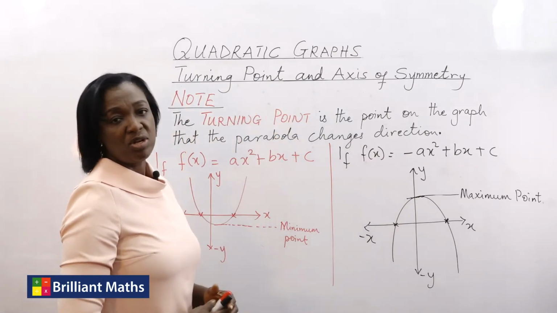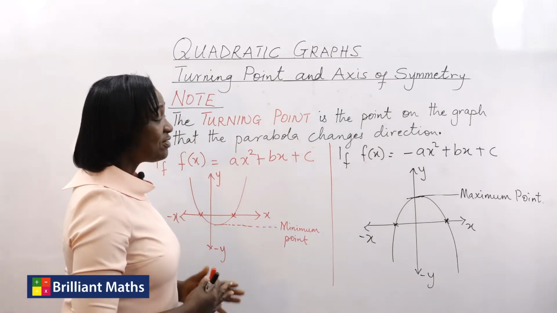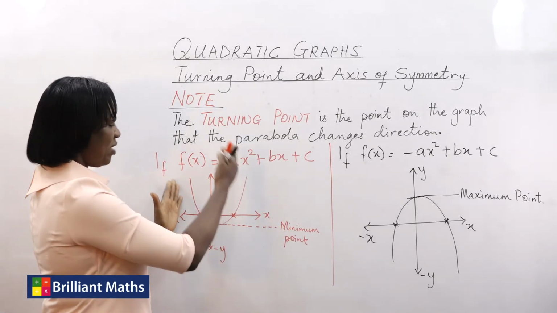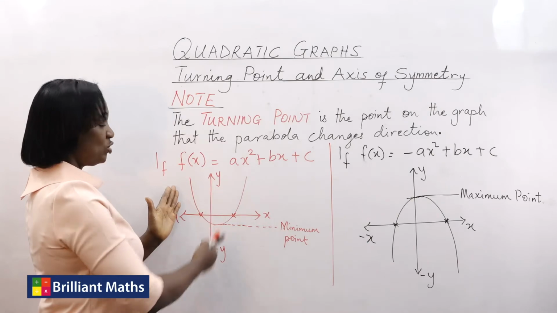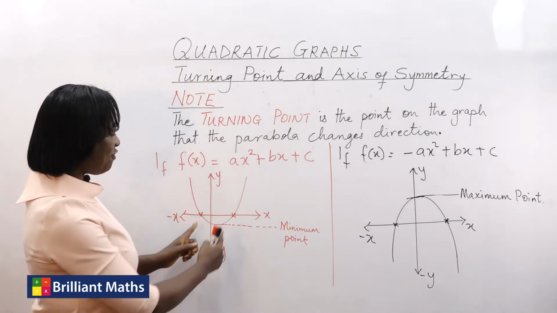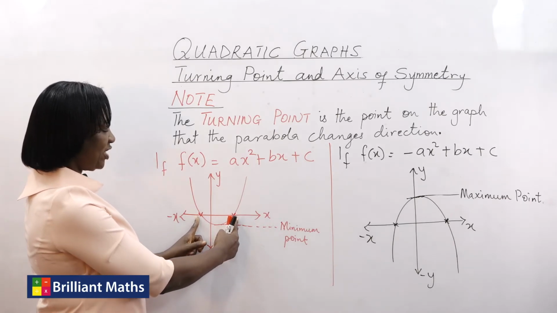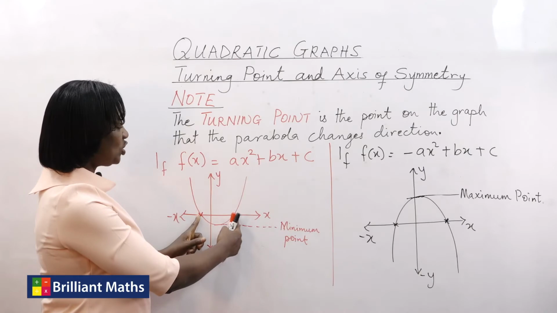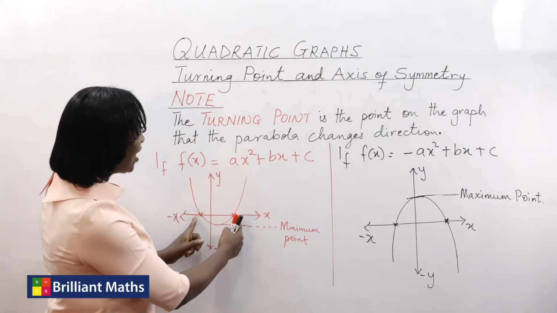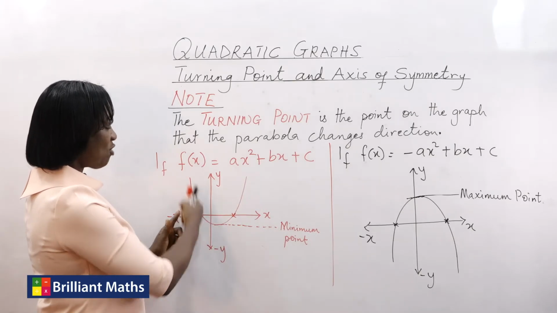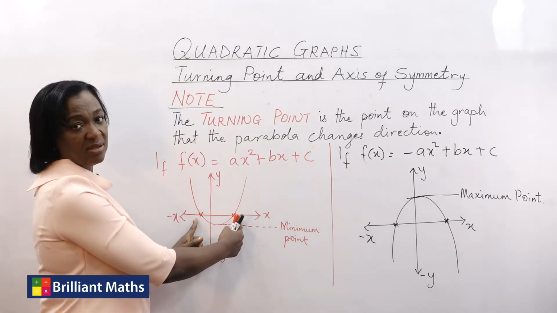For axis of symmetry, the axis of symmetry is the line that divides the parabola into two. You determine that line by finding the midpoint of the solutions. Remember we said that the solutions to any quadratic graph are the points where the graph intersects the x-axis.